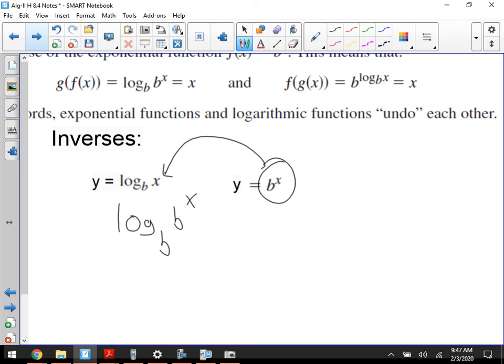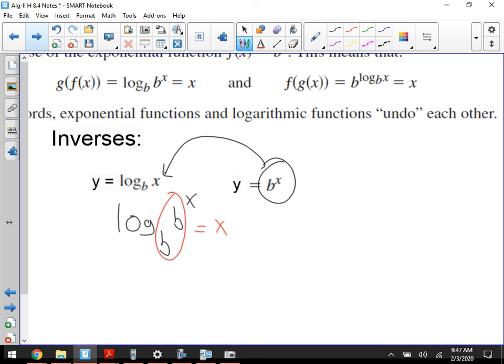To show that these guys are inverses, they'd substitute in for one another, and you'd have to simplify it out to equaling x. Since those two bases are the same, they undo each other. They basically cancel each other out. That's how you're left with just an x.